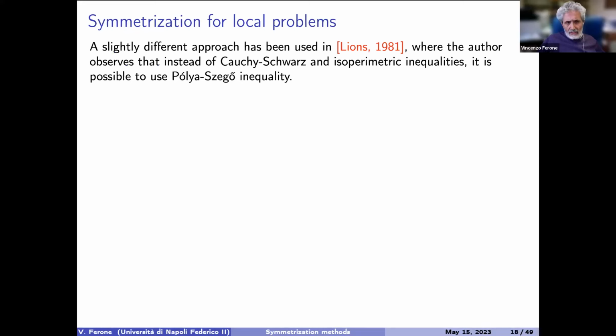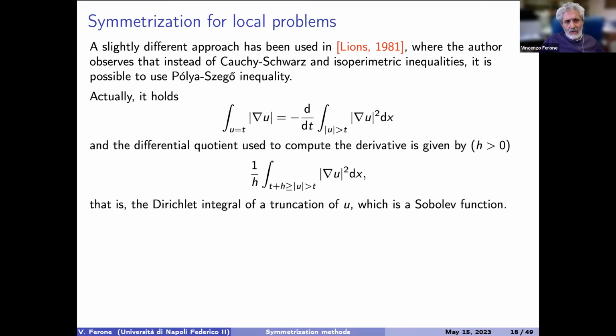I would like to mention that there is a different approach which was introduced by Lions in '81, where instead of using the isoperimetric inequality, he uses a different method by using the Pólya–Szegő inequality. This is made because the integral where u is equal to t of grad u can be seen, using coarea, as the derivative of the integral where u is greater than t of grad u squared.